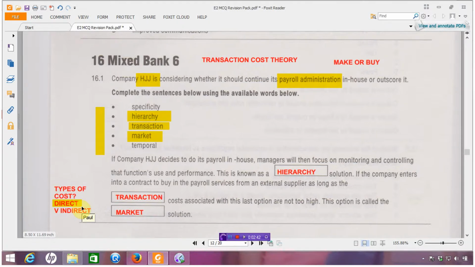So just be careful there to associate indirect costs with transaction costs, and any direct cost of going out into the market as the actual cost of the outsourcer. Okay, so that's question number one.